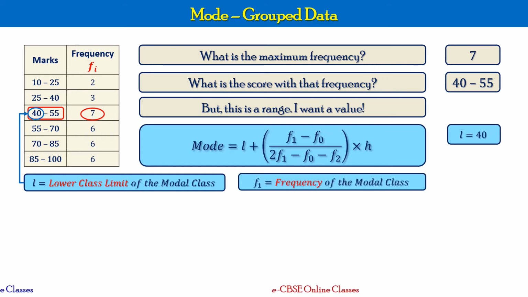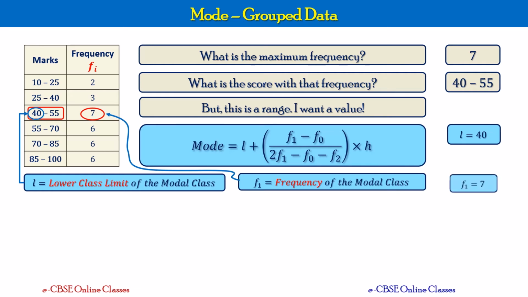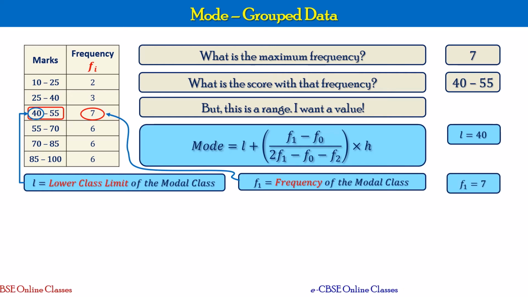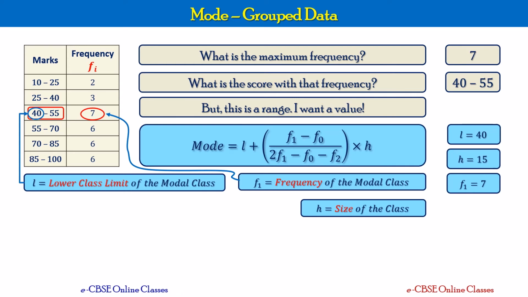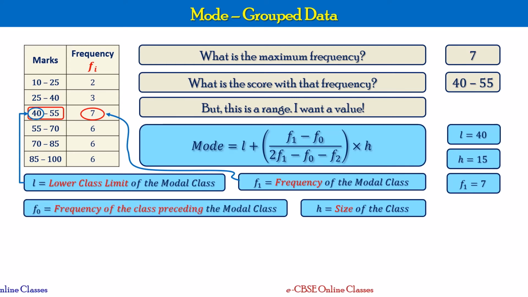Next is F1. F1 is the frequency of the modal class. Here the modal class is 40 to 55. We have already identified the frequency as 7. So my F1 is 7. Next is H. H is the size of the class. Here all classes have the same size, which is 15. So H is equal to 15. Next is F0. F0 is the frequency of the class preceding the modal class. What do we mean by preceding? The one that is coming before.